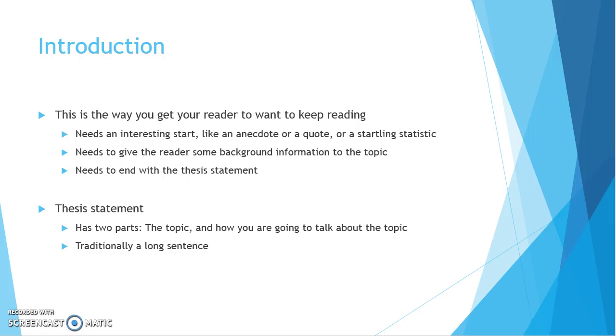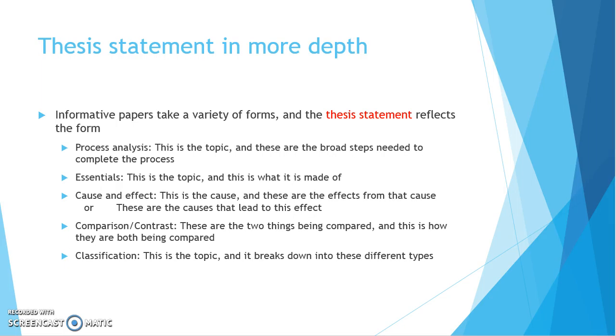So in the most traditional format, a thesis statement has 2 parts. It has the topic and then how you're going to talk about the topic. It's traditionally a super long sentence, and semicolons are often used, and that's not a bad thing. But it does give the outline to the rest of your paper. So let's talk about that a little bit more in depth.